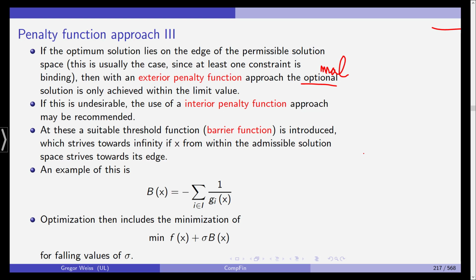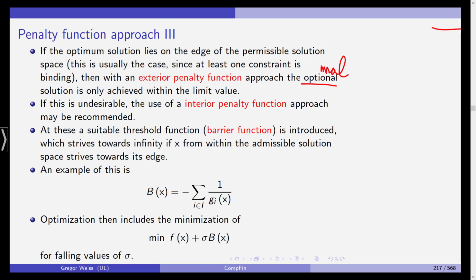And if this is undesirable, you can also use an interior penalty function approach. What is done in this case? With these, you have a suitable threshold function, also called a barrier function, and this one strives towards infinity if x from within the admissible solution space strives towards its edge.